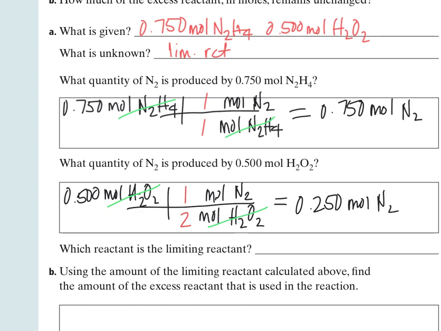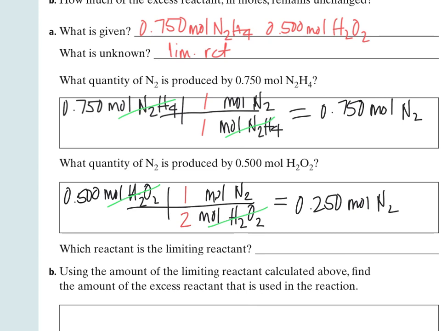So here's the point that I wanted to make. We started with 2 reactants, correct? We did a calculation with both of those reactants to figure out how much of one product I would make. Which one of those reactants produces the least amount of the product?